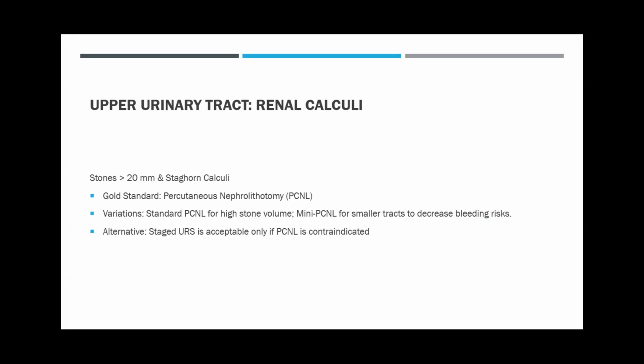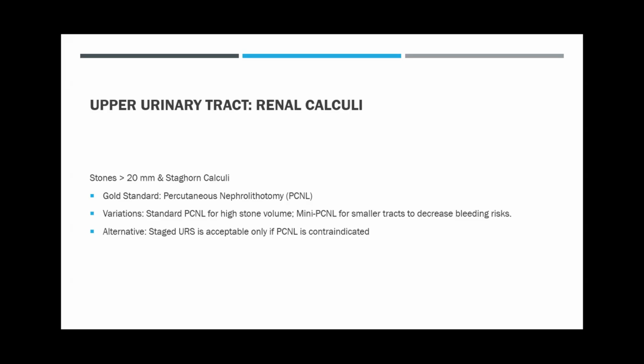Then, if the stone is more than 20 millimeters, and in the situation of staghorn calculi, the gold standard is PCNL. Standard PCNL is the gold standard for high stone volume. Then mini PCNL for smaller stones to decrease the complications.